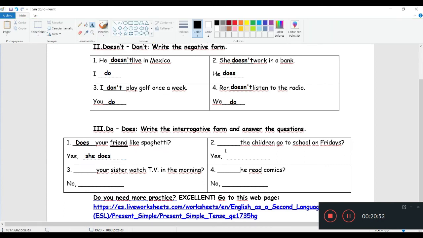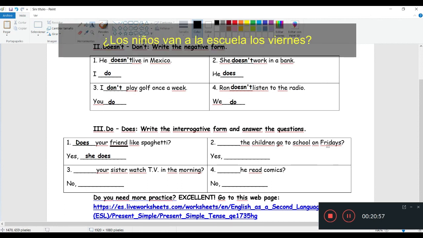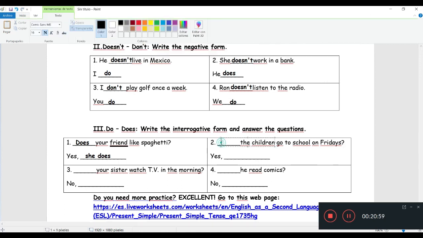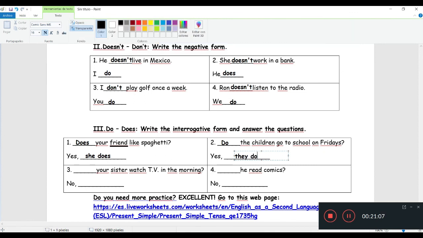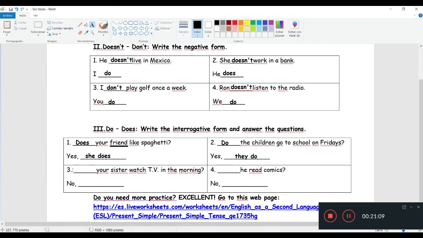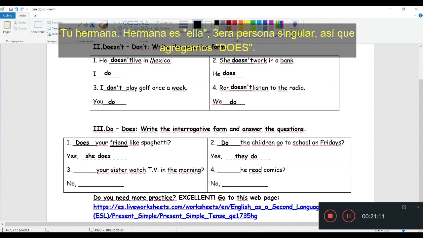Number 2. The children, los niños, go to school on Fridays? Do the children go to school on Fridays? Yes, they do, and they like it. Number 3. Your sister. Sister is a she, third person singular.